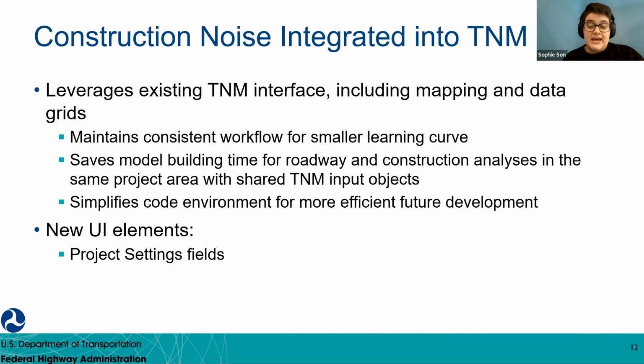And if you already have project files, or if you want to create project files in TNM for roadway noise, you can just add the construction equipment objects to those files so you don't have to digitize all your roadway lines and barriers and your project area inputs. All of those can be utilized for both roadway and construction noise models. So if you are considering both noise sources in the same area, you don't have to re-input all of those objects. You can have them all in the same project file.